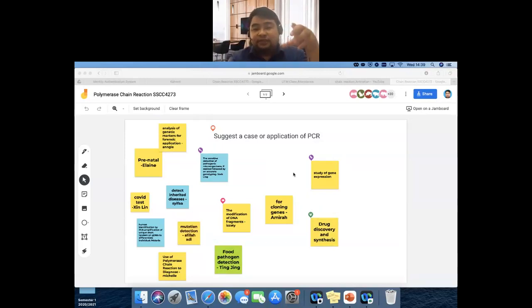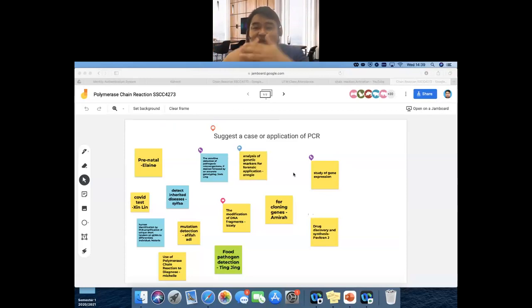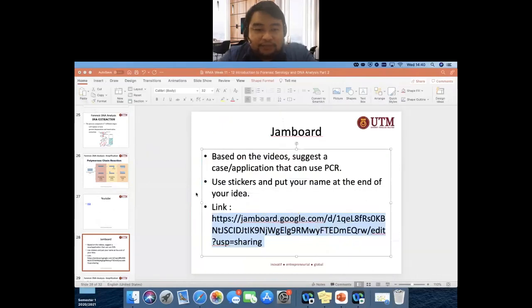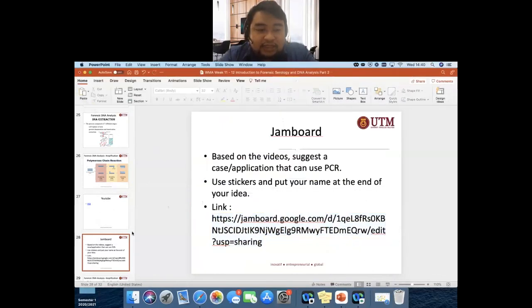So drug discovery also can use PCR to tally with your genetic sequence. Okay. All right. Okay, that's good. So approximately we have 13 suggestions. All right, that's good. Okay, thank you for your suggestions. Okay, let's go back to our slides a little bit more.